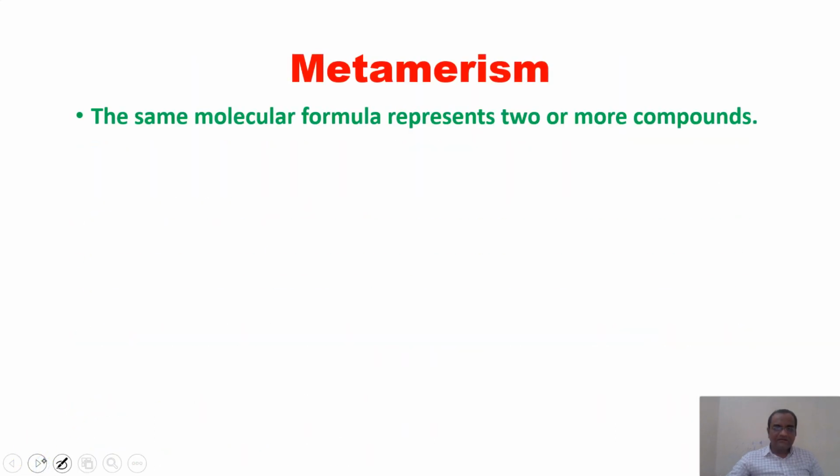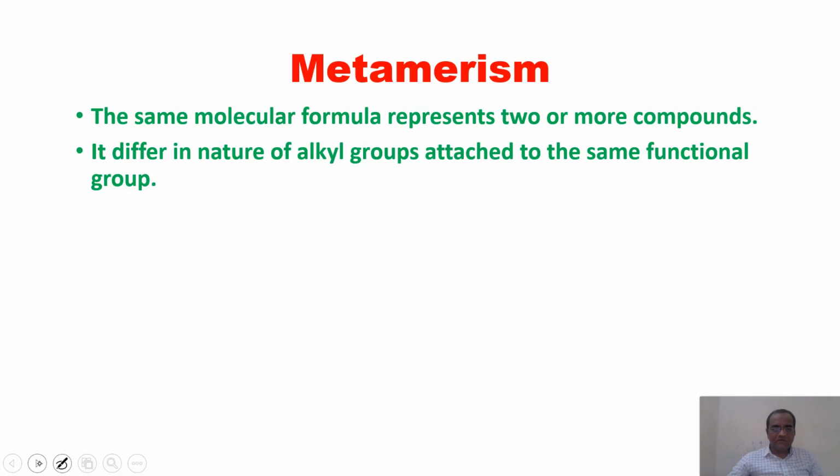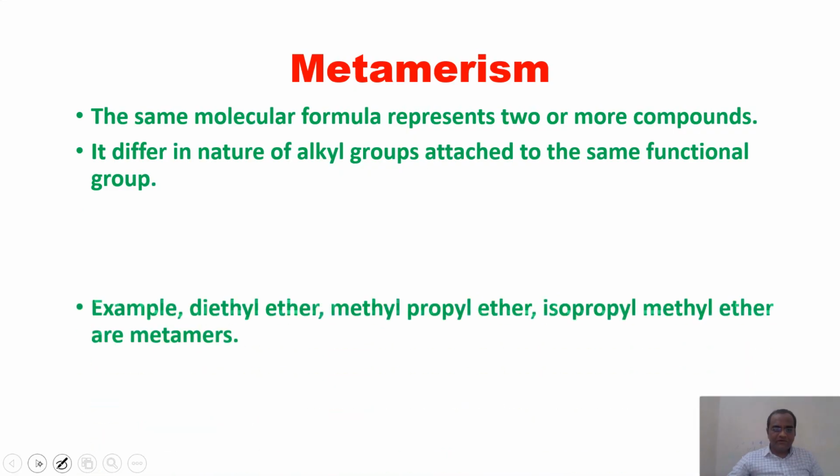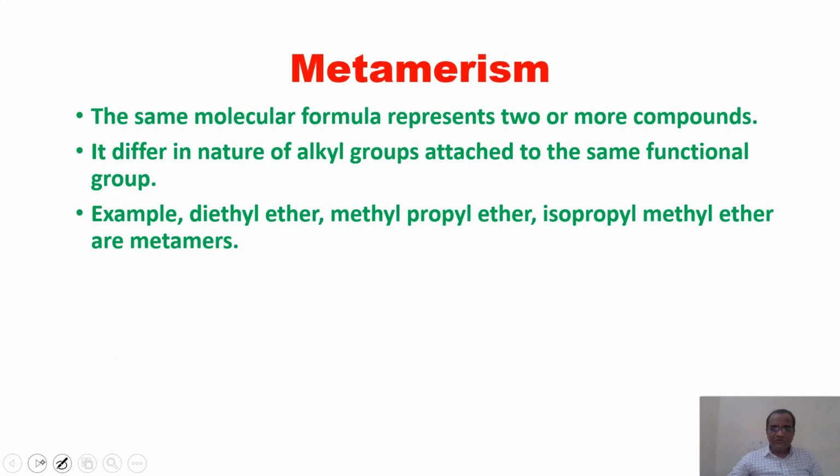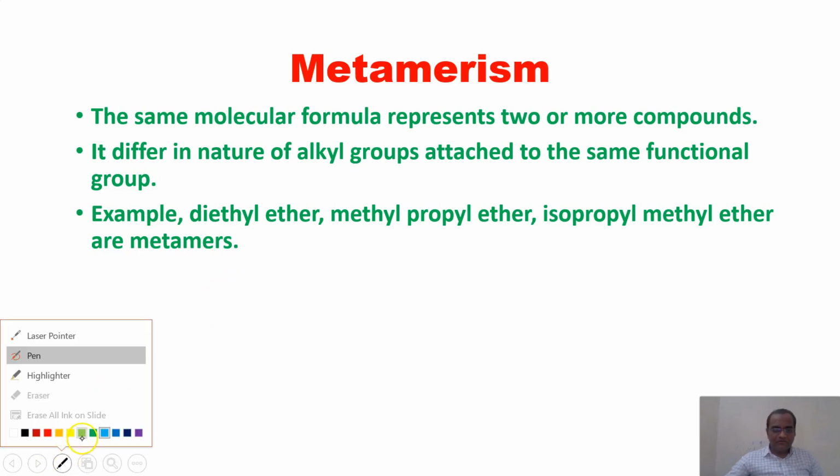Now the next class is metamerism. Compounds have the same molecular formula, representing two or more compounds. They differ in the nature of the alkyl group attached to the same functional group. Here the functional group will be similar, but the difference is the attachment of the functional group to the carbon chain.